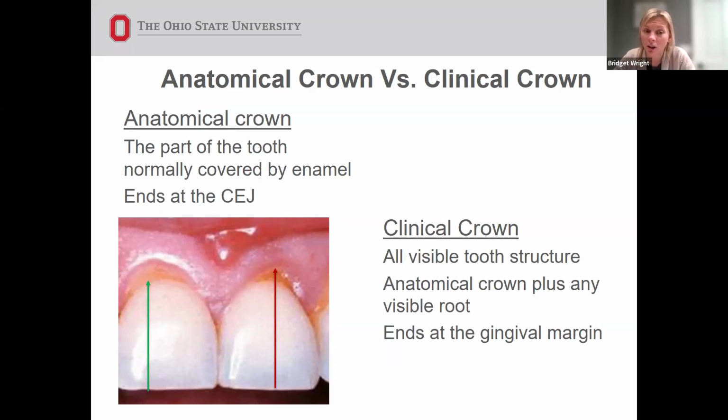But over time, a lot of times what happens is we do get a little bit of recession, or in some patients' cases, they get a lot of recession. And so we see that a lot with older adults, more recession than we do with younger adults. So you might have more tooth to coronal polish because there's a larger clinical crown as your patients get older.